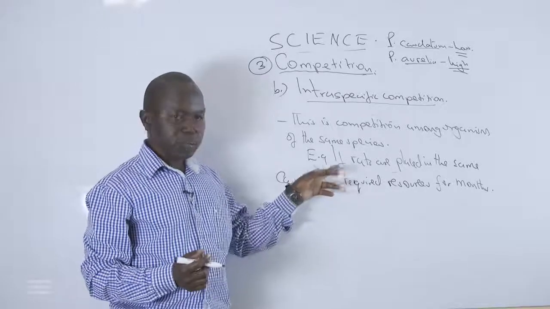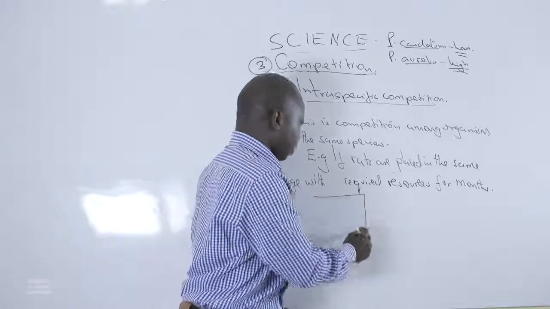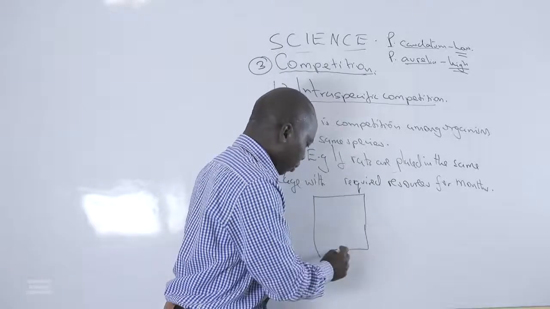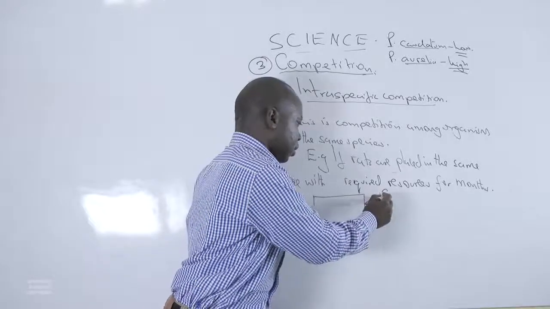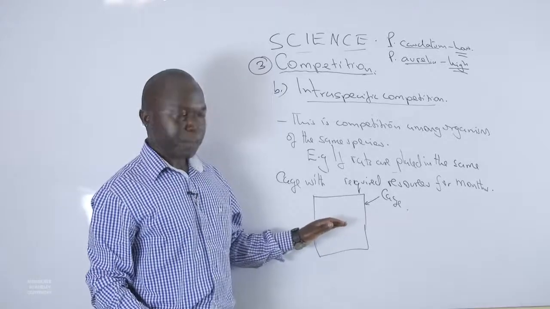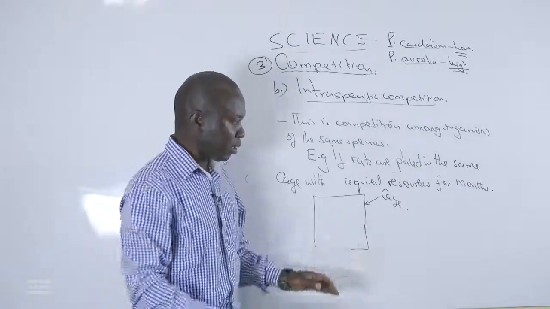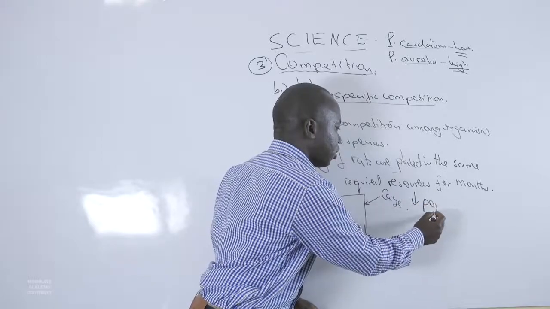But now, competition of this kind cannot lead to all the rats dying, because the only organism that is in this cage is a rat. So the worst that can happen in this cage is simply a decrease in population.